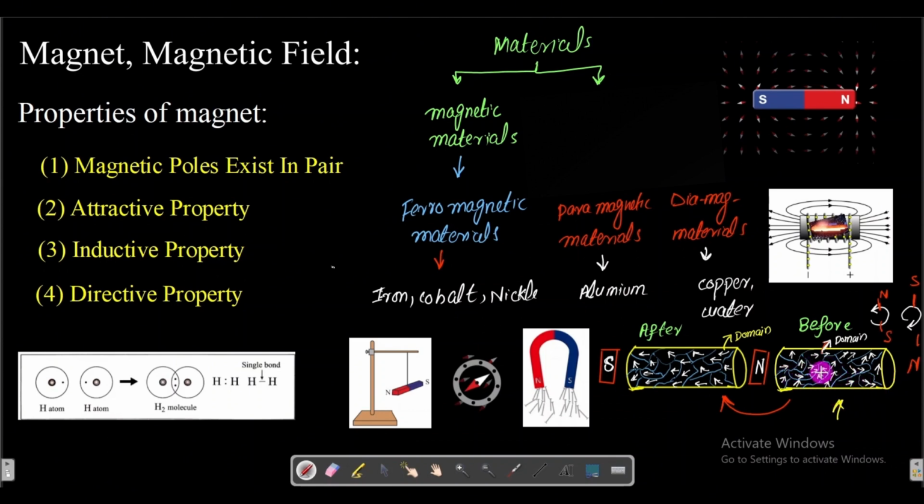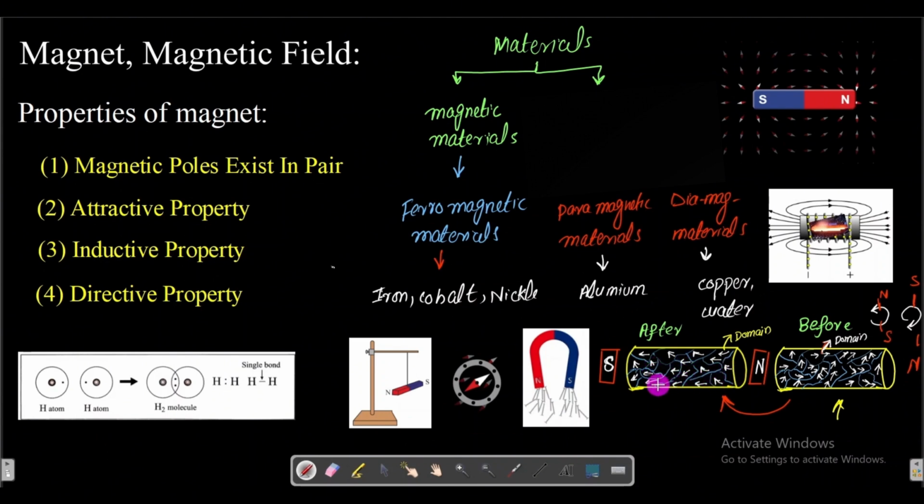So here the alignment of the electrons was in random direction. If we put this magnetic strip in a magnetic field, the alignment of electrons will be in the proper direction. So here they align from the north pole toward the south pole. This phenomenon occurs inside the iron metal, due to which the iron will have magnetic properties.